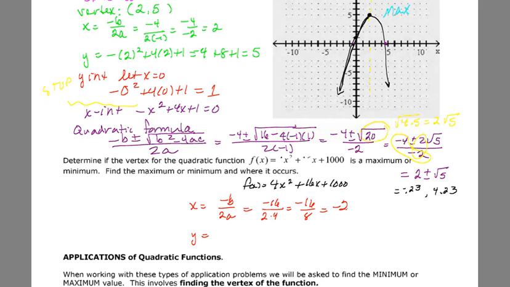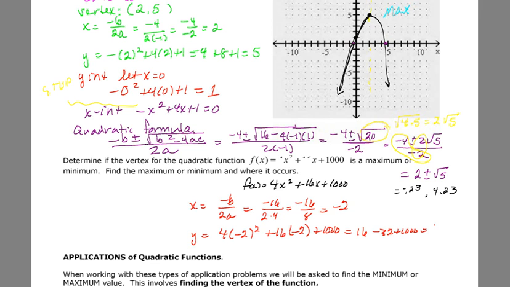And the y-coordinate is found just by plugging in a negative 2. So 4 times negative 2 squared plus 16 times negative 2 plus 1,000. What's that going to be? 16 minus 32 plus 1,000.